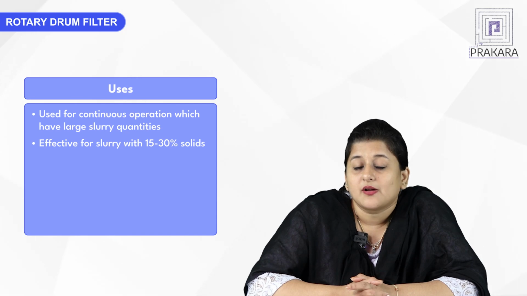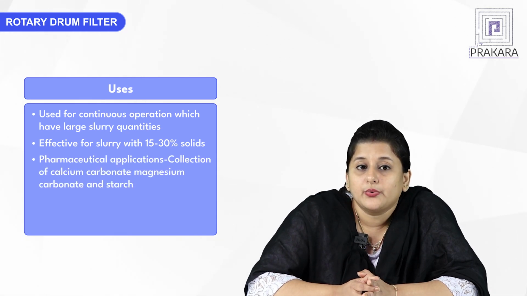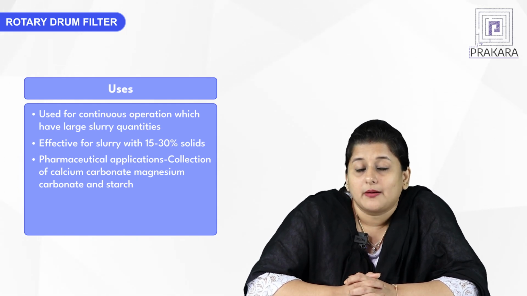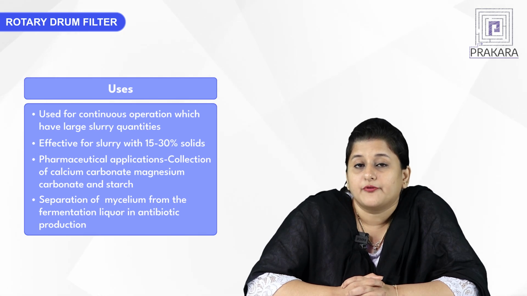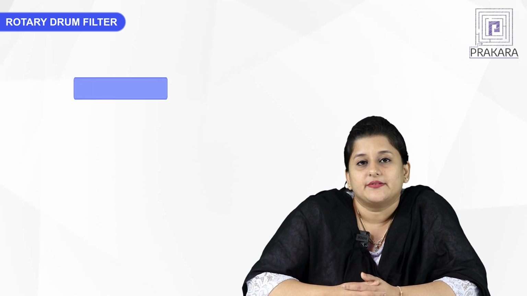The examples of pharmaceutical applications especially include the collection of calcium carbonate, magnesium carbonate and starch. The separation of mycelium from the fermentation liquor in the manufacturing of antibiotics is another use where this particular rotary filter is used.